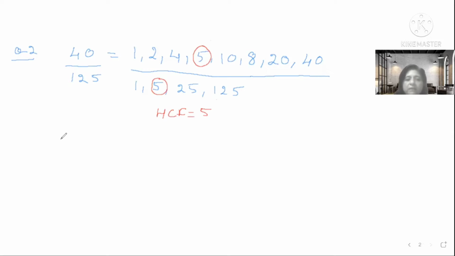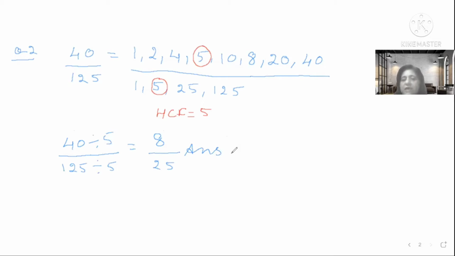So here we go. HCF is 5. So now we divide the numerator and denominator by the highest common factor, that is 5. So 40 divided by 5 and 125 divided by 5.